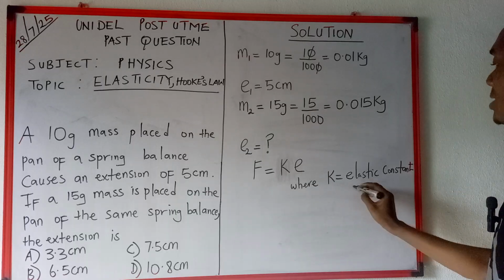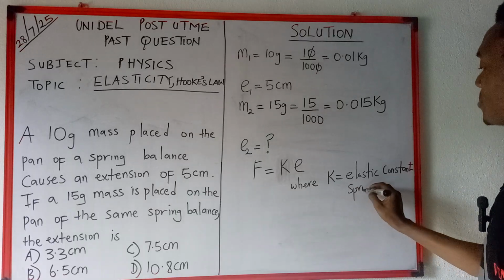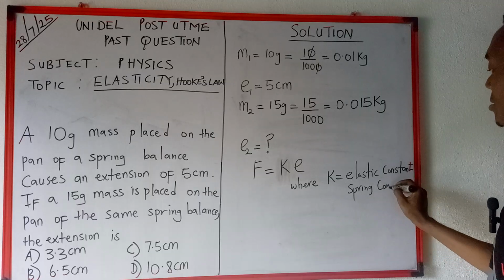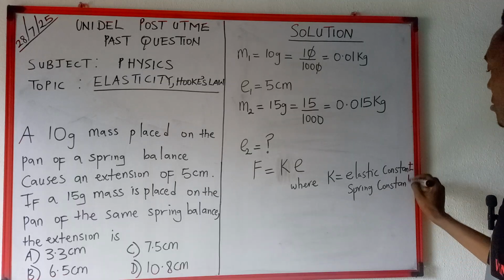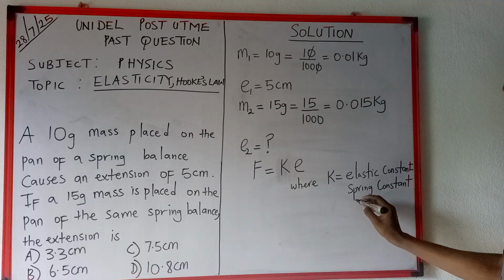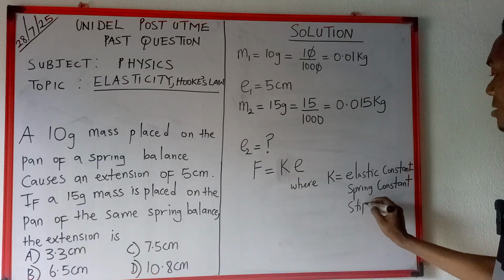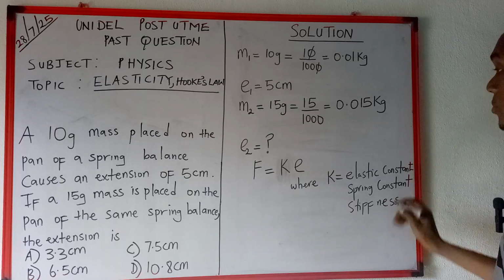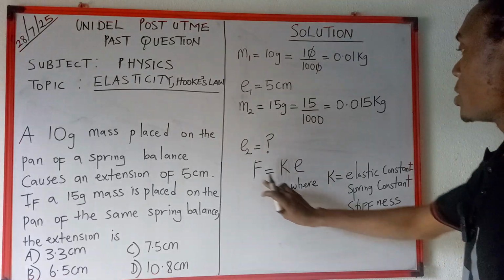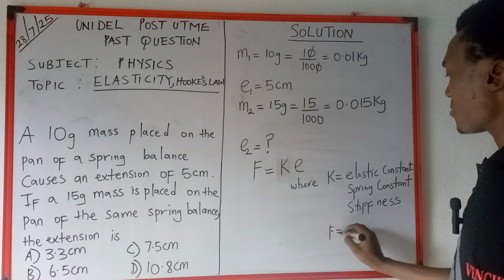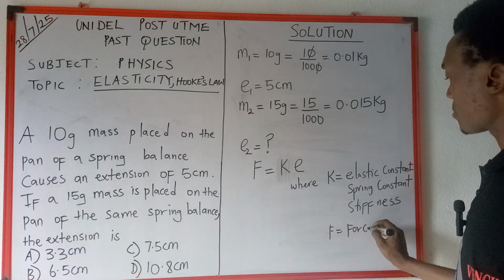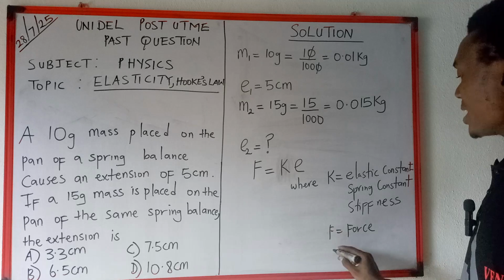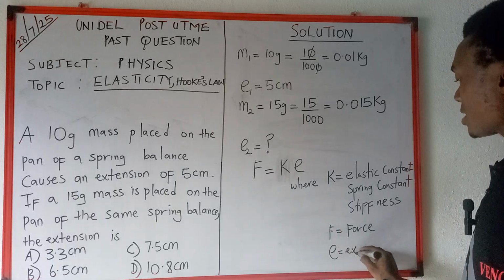You can also call it the spring constant, or stiffness. F is the force, and E is the extension.